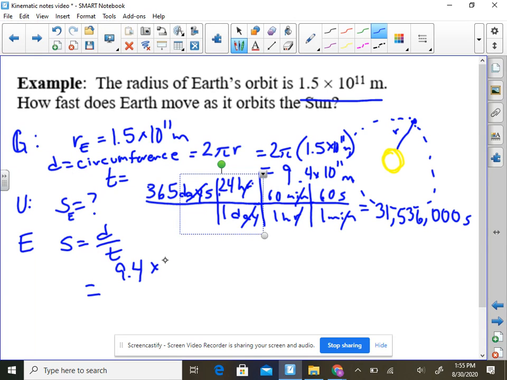And so if I take this really big number divided by this really big number, I get 9.4 times 10 to the 11th divided by 31,536,000, and that will be meters per second.